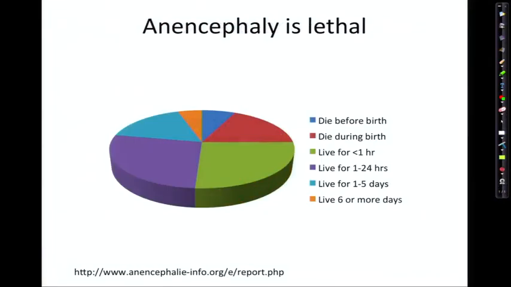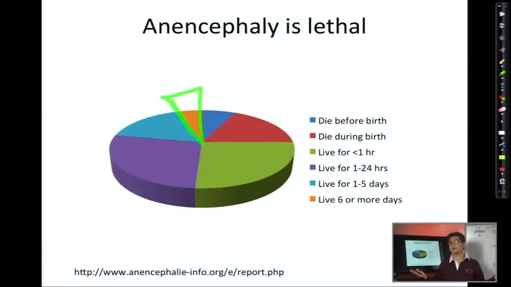These people, so this group here, this is the pie chart. This is the percentage of people that live for more than 5 days. So it's a very small number, and this is a very devastating disease.